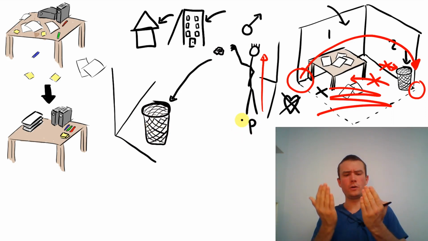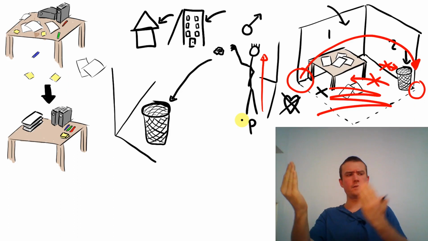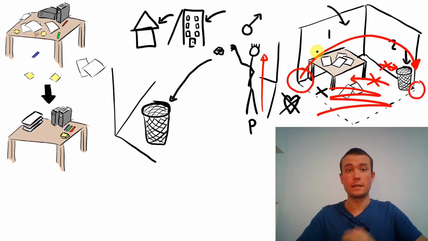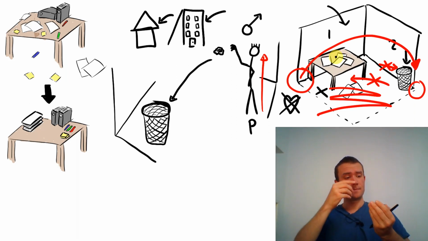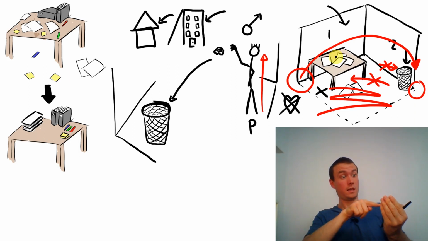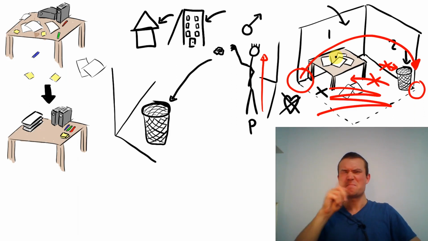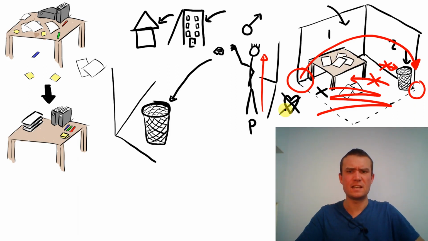Philip looks at the sheets of paper. He looks at the sheets of paper on the desk, and he finds one sheet of paper that he doesn't want. He doesn't want it.